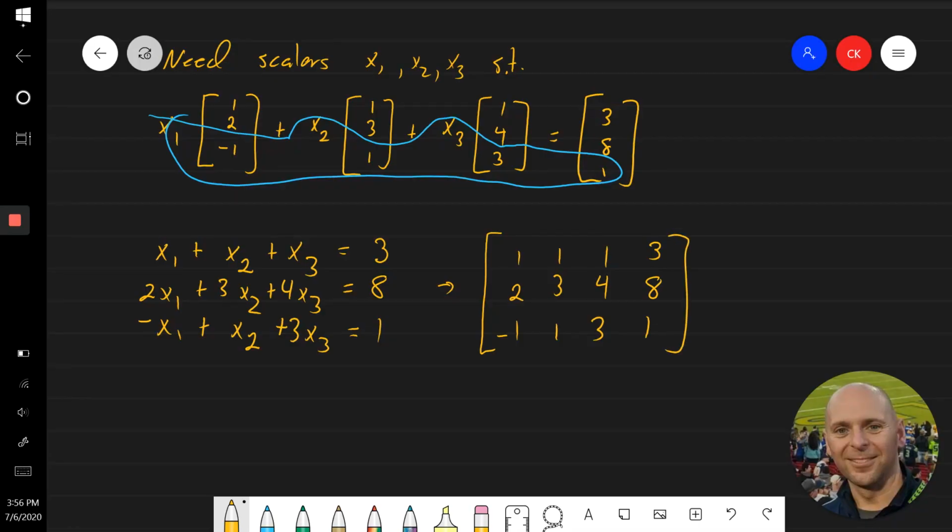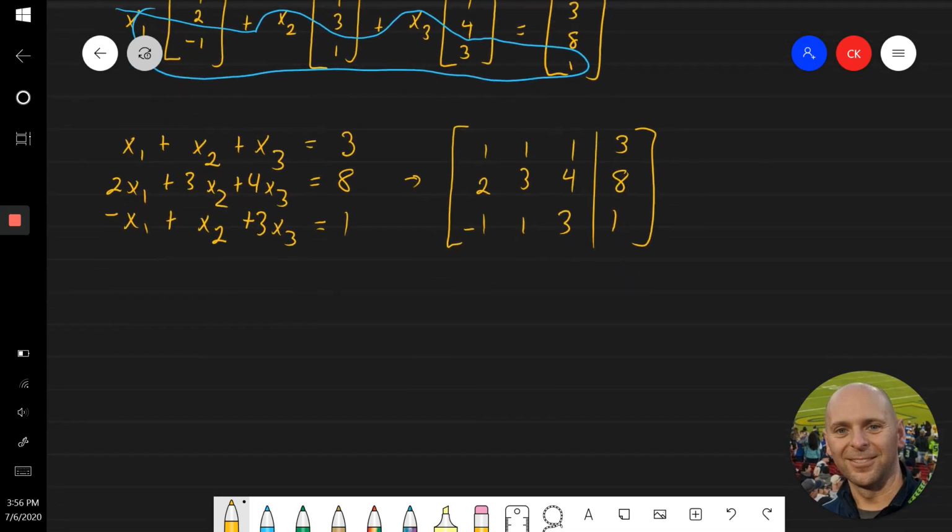Then we would row reduce it, which we could do using Octave or an online calculator, or even our graphing calculators if we know how to use them, and end up with 1, 0, minus 1, 1; 0, 1, 2, 2; and a row of zeros along the bottom.